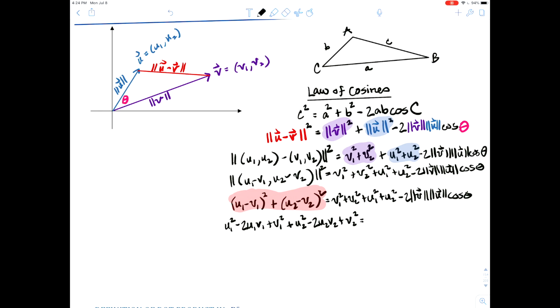And that's equal to all this stuff we had. v1 squared plus v2 squared plus u1 squared plus u2 squared minus 2 times the magnitude of v times the magnitude of u cosine theta. All right? Just a little algebra, right?